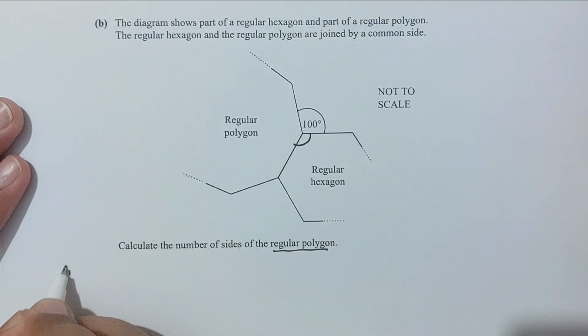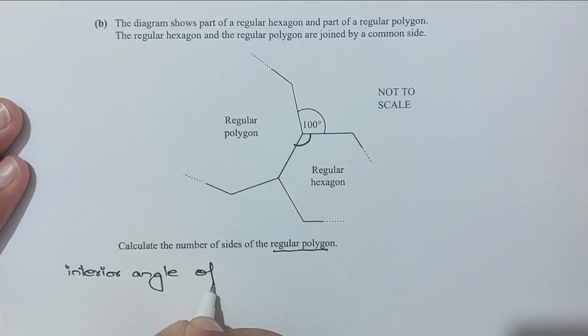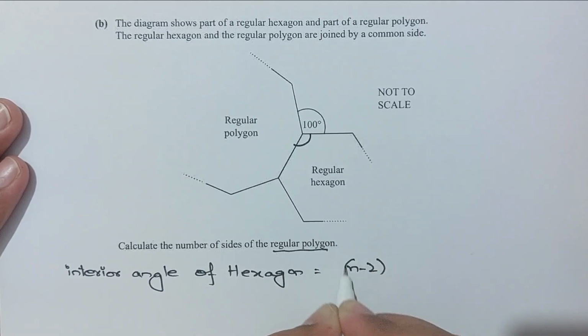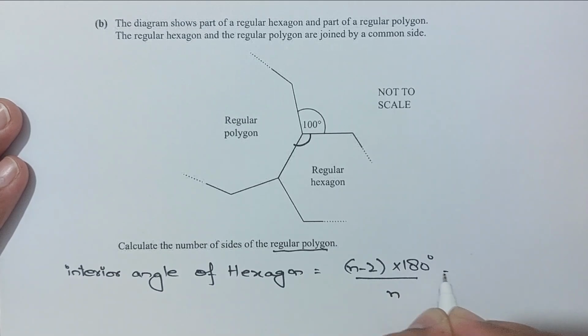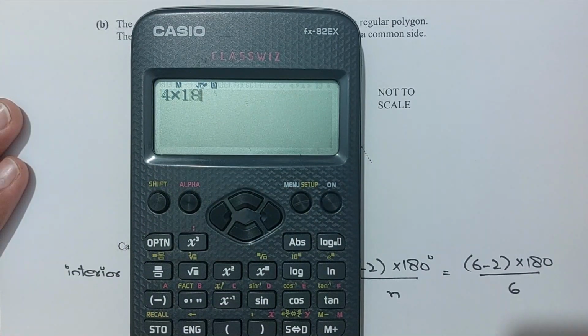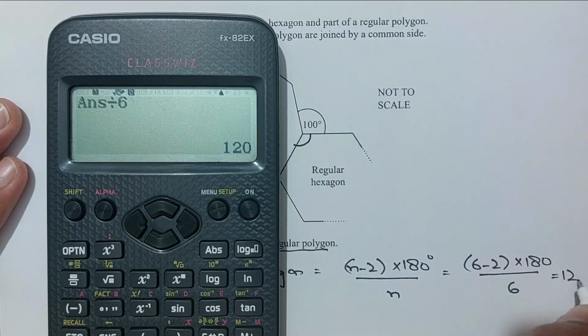So the interior angle of a hexagon is (number of sides minus 2) multiplied by 180 degrees divided by the number of sides. This is (6 take away 2) times 180 divided by 6. 6 take away 2 is 4. 4 times 180 divided by 6. So the interior angle is 120 degrees.